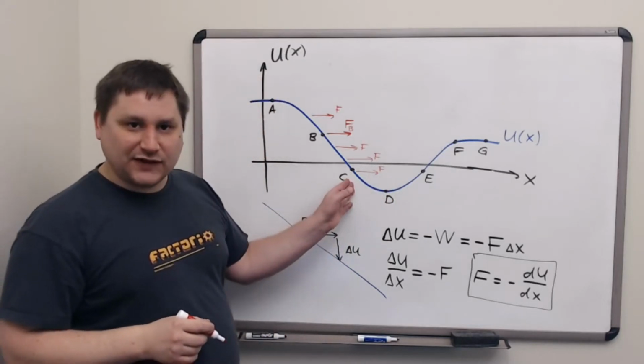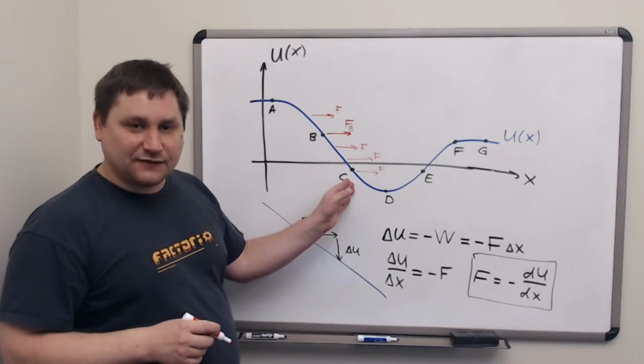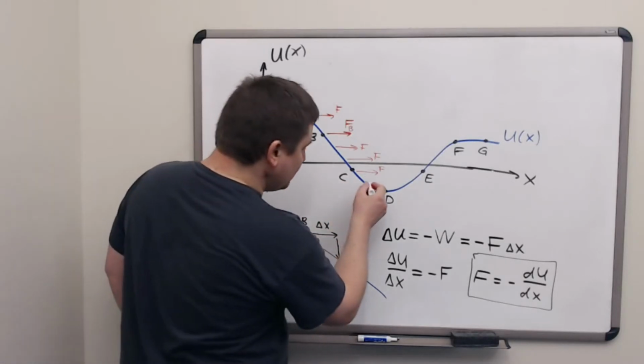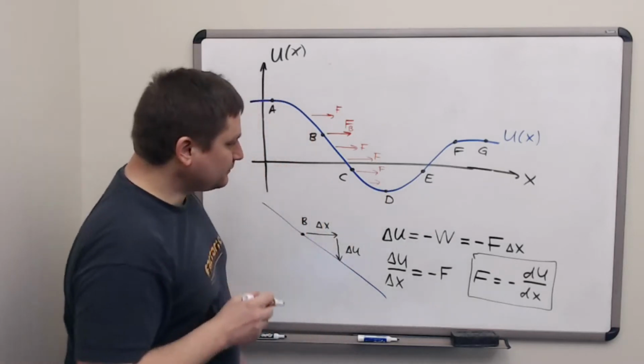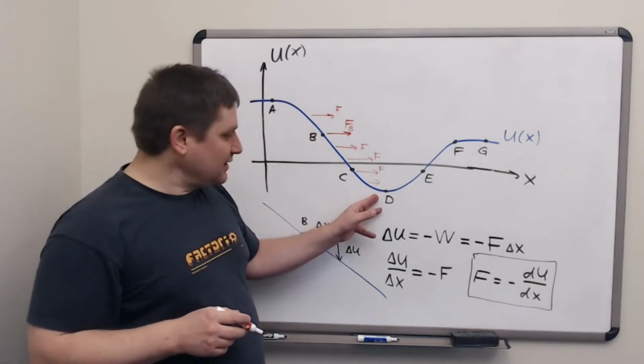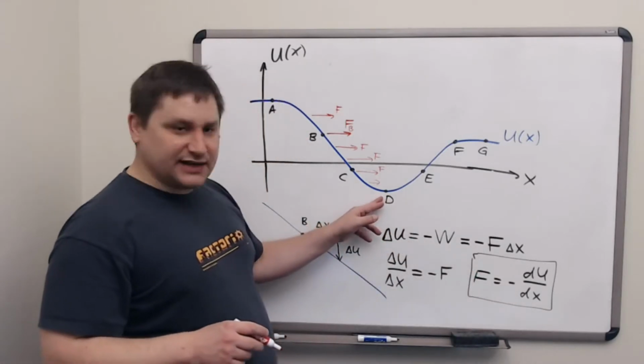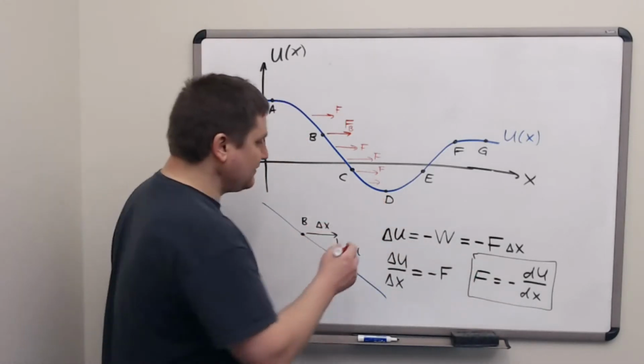As the curve becomes flatter between C and D, the force remains positive but decreases in magnitude. At location D, the slope of the potential energy curve is 0, so location D is a location of 0 force.